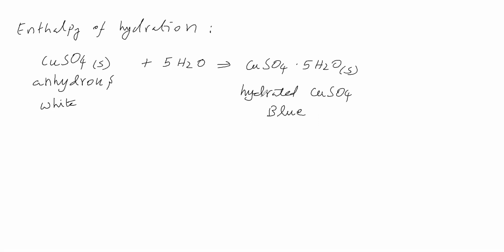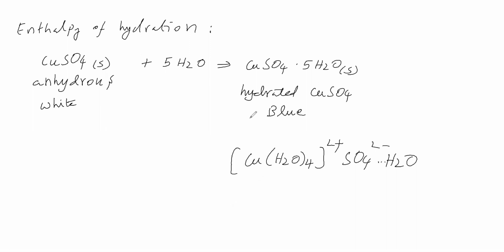What is the structure of this one? [Cu(H2O)4]2+ SO4 dot H2O. Here a water molecule is making a hydrogen bond with sulfate. Here water molecules are making dative bonds with the copper ion.